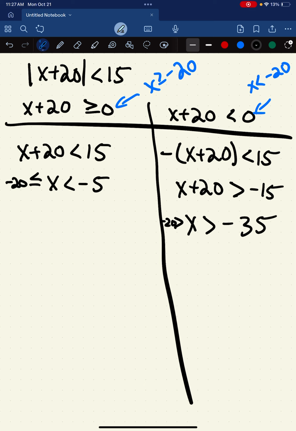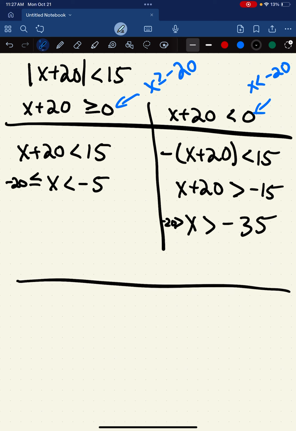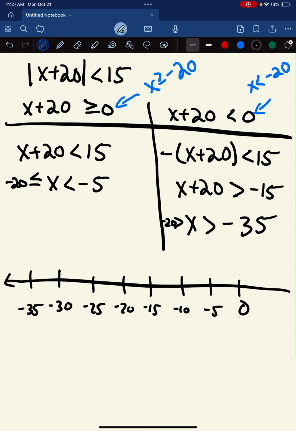So our interval here, I'm not going to draw the number line. Well, maybe I will. Let's see. We'll put 0 here, 5, 10, 15, 20, 25, 30, 35. It's negative 5, negative 10, negative 15, negative 20, negative 25, negative 30, negative 35.